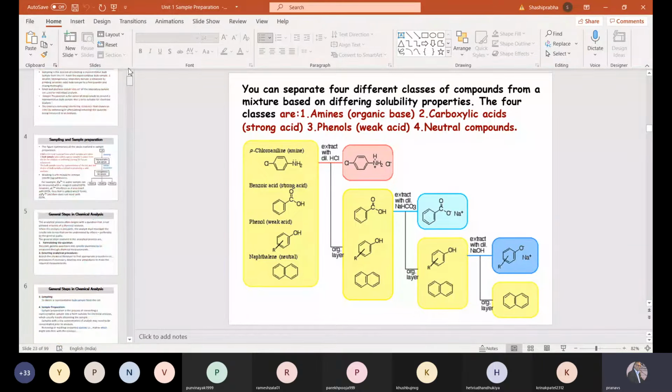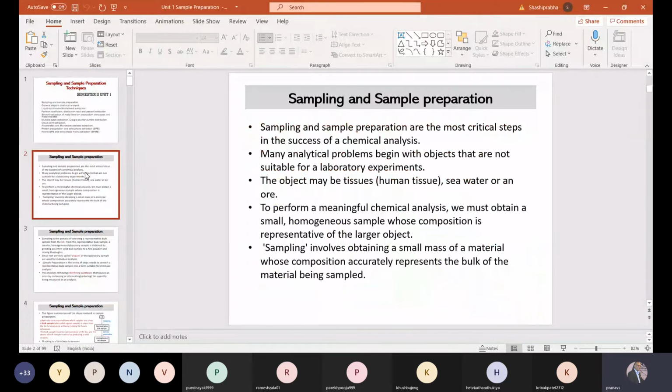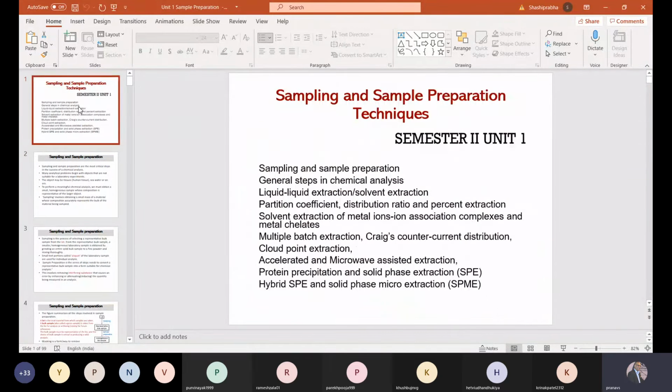See, in this unit we have sampling, the process of sampling, how to sample a given sample for analysis, and that should be a true representative of the bulk or the lot. That is what signifies sampling.